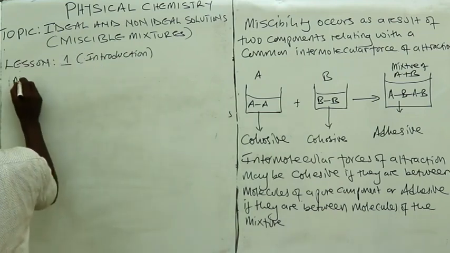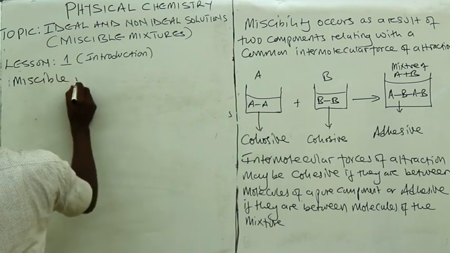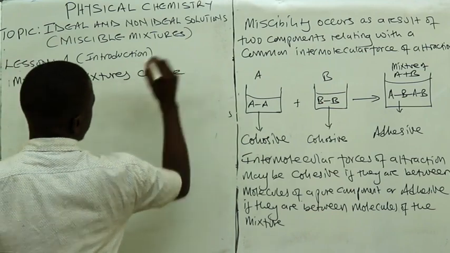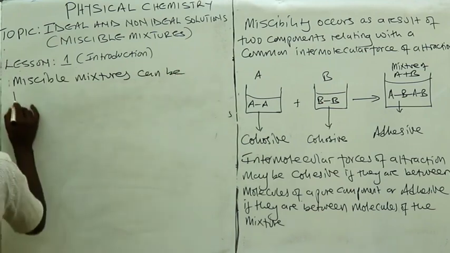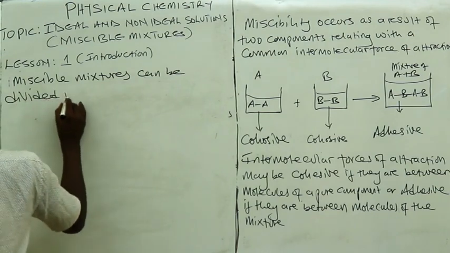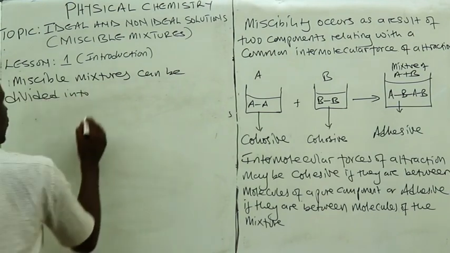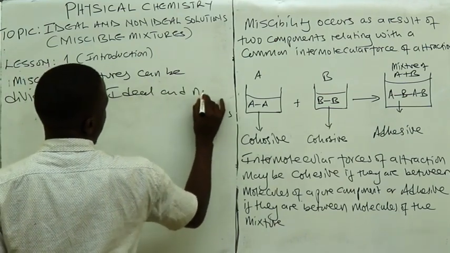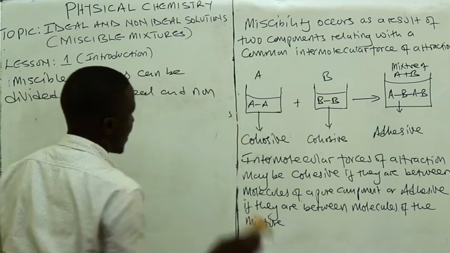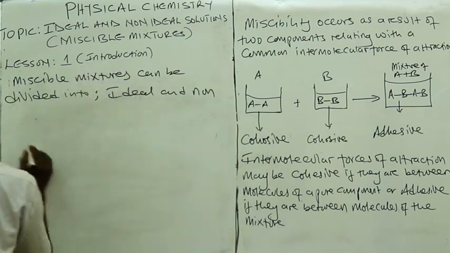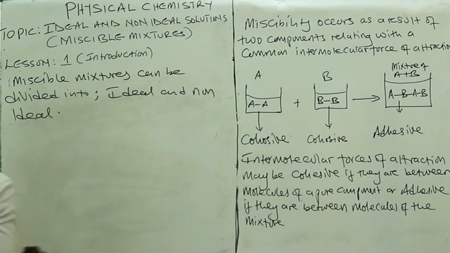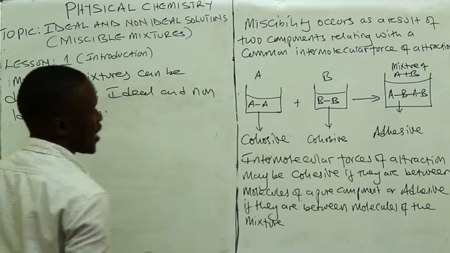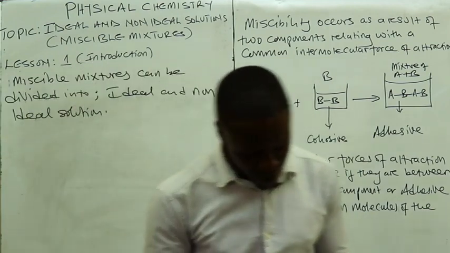We are going to say that miscible mixtures can be divided into what we call ideal and non-ideal solutions. So ideal and non-ideal solutions all come from miscible mixtures.